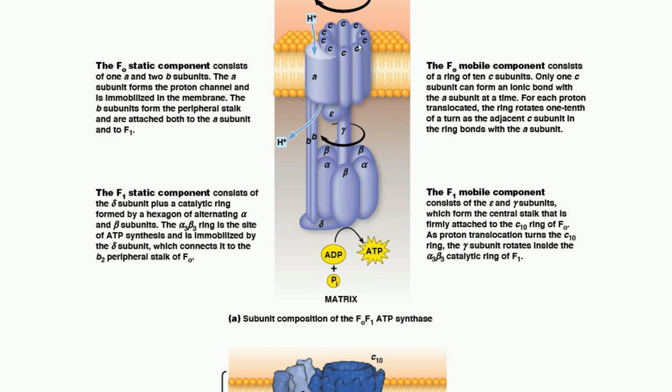When this ring moves, this gamma will move, and the beta subunits of the catalytic ring will change conformation, and as a result ATP will be produced. So that's what we are going to talk about. The F1 mobile component consists of the epsilon subunit and the gamma subunit, which form the center stalk that is firmly attached to the C10 ring of the FO.